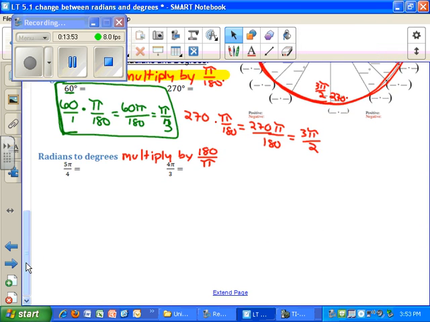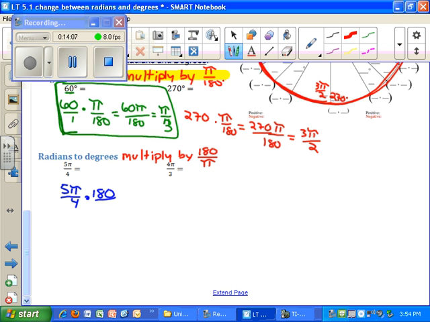Okay. So we can use that rule also to find out how many degrees would be in 5 pi over 4 radians. So I'm going to take that 5 pi over 4 radians, and I'm going to multiply it by my rule of 180 over pi. Okay. So when we do that, we multiply the numerators, we get 900 pi over 4 pi.